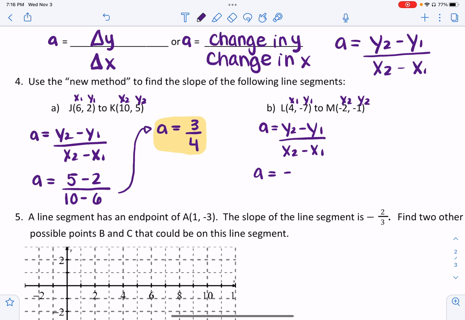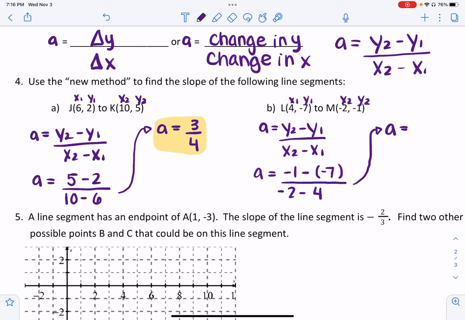So y2 is at negative 1 minus y1, negative 7. Now watch these double negatives here. It's really important because it's very easy to accidentally overlook those. So be very, very careful. Now x2, negative 2 minus 4. There we go.